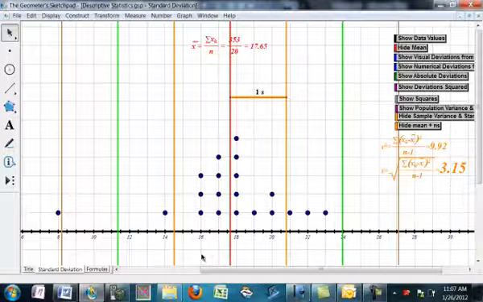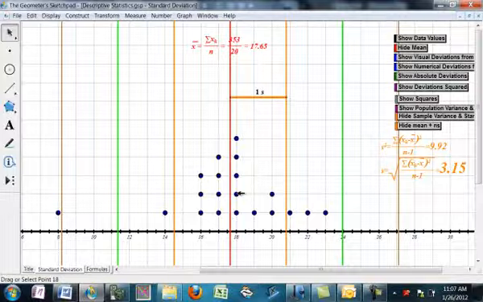If we look back at our sketch, the things that are within 1 standard deviation of the mean, that is from mean minus 1 standard deviation to mean plus 1 standard deviation, are the dots inside the 2 orange stripes there. Let's count those. 1, 2, 3, 4, 5, 6, 7, 8, 9, 10, 11, 12, 13, 14, 15.